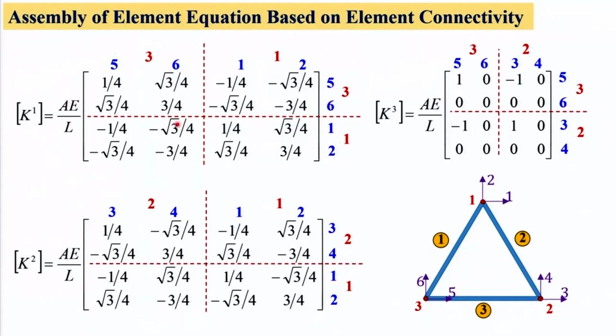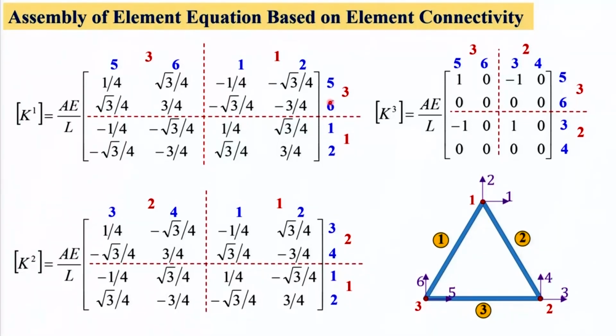The block corresponding to node 3 and node 1 gives you the interaction between the forces at node 1 and the displacement at node 3, and the other block gives the interaction of forces at node 3 and displacement at node 1, like this.